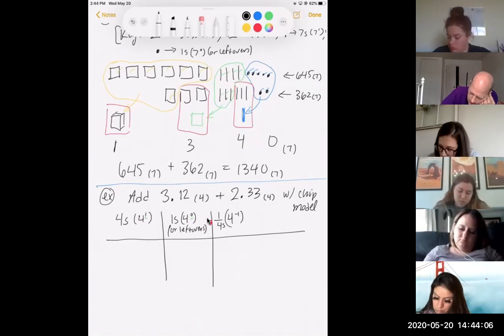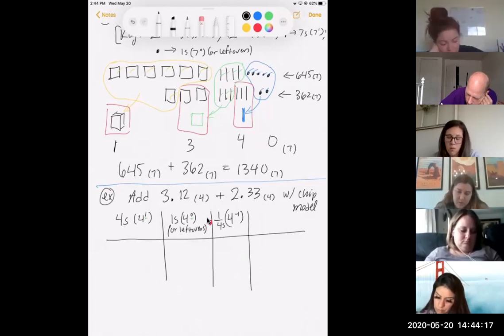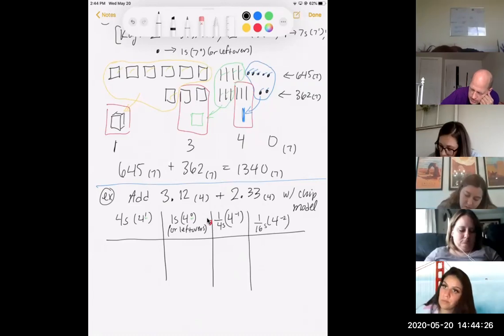So in base 10, I would write 1/10 here, but we don't have that. We're doing base 4. And then we have 4 to the negative 2. In the pattern, that is 1 over 16. And so you have the 1 over 16's place.